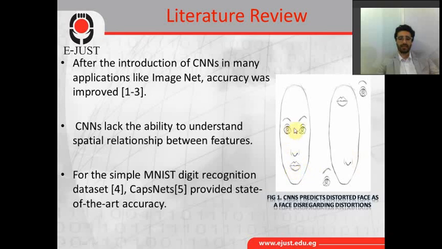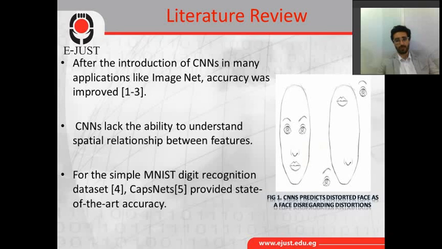One has its features, the eyes, nose, and lips, in place, while the other has its features misplaced. So the second image is distorted. Despite this fact, CNNs actually predict that both images represent a face.